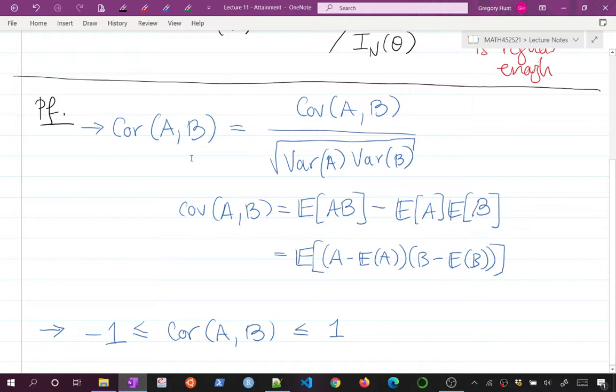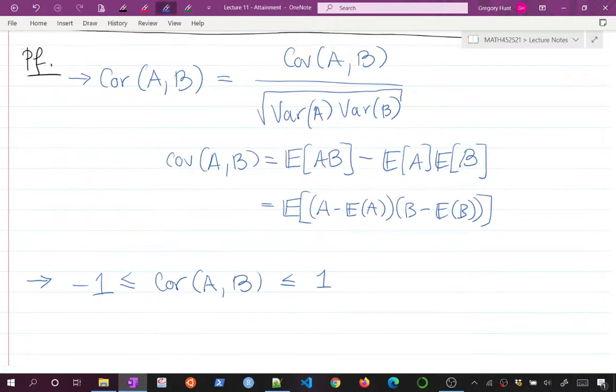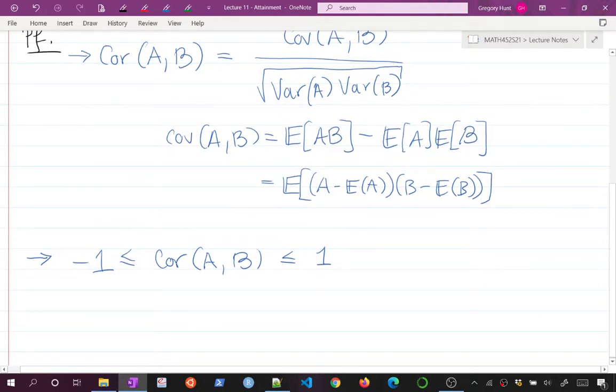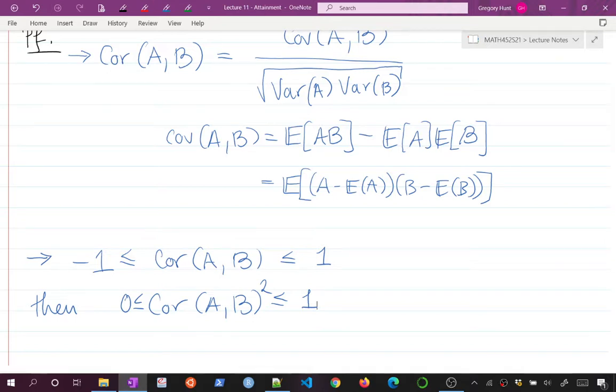The follow-on fact is that if the correlation has to be between -1 and 1, then if I square my correlation, it's positive, right? Squares are always positive, and it cannot be bigger than 1. So these are some basic facts about correlation.